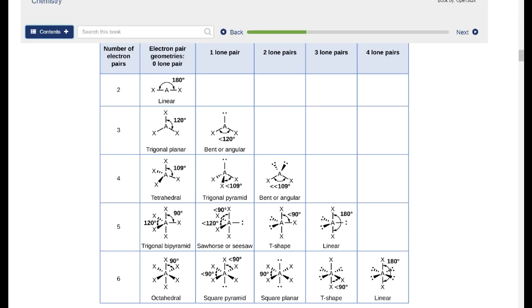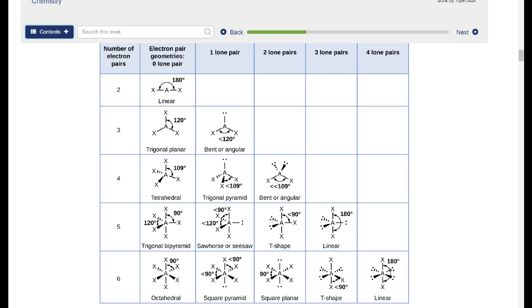This shows you some basic pictures, and you have the number of electron pairs available on the left-hand axis. The top axis shows you the number of lone pairs or non-bonding pairs. So it starts with the 5 basic geometries, where you have 0 lone pairs: linear, trigonal planar, tetrahedral, trigonal bipyramidal, and octahedral.